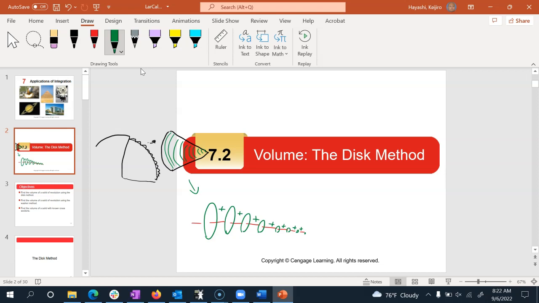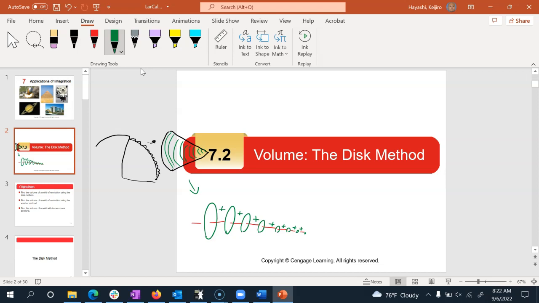If you do this in real life, there's going to be a finite number of thin little circles. But you're doing this mathematically, so there are infinitely many of these disks, and they are each infinitely thin.